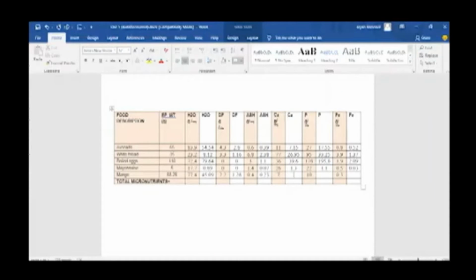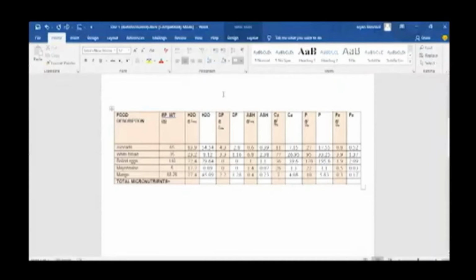Then we have 7 times 58.25 divided by 100 is equal to 4.08. And 10 times 58.25 over 100 is equal to 5.83. Then 0.3 times 58.25 divided by 100 is equal to 0.17.